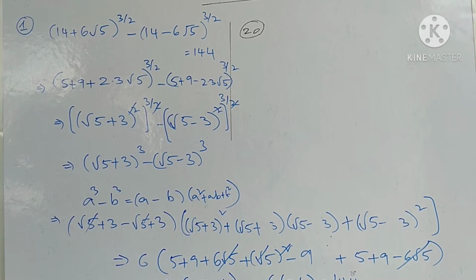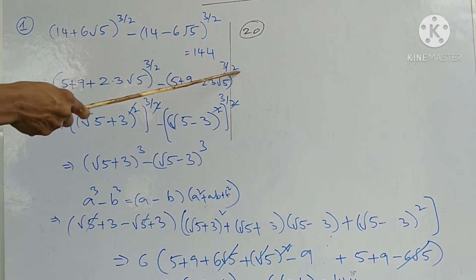So split 14 into 5 plus 9. Here 2ab means 2 into 3 into root 5, whole to the power of 3 by 2, minus. Here also 14 means 5 plus 9, minus 2 3s are 6 into root 5, whole to the power of 3 by 2.